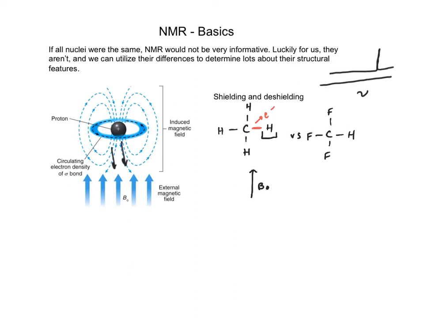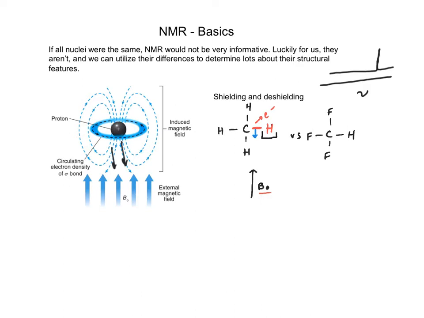So you have this big, strong magnet, right? It's here, it's doing its thing, right? This guy, our little nuclei of hydrogen, feels that magnet. But also what's happening is these electrons are starting to circulate in a way that makes their own little magnetic field that opposes that external magnetic field, okay?